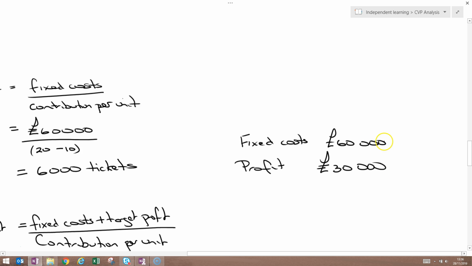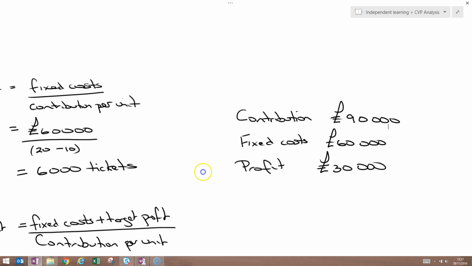So we're working backwards. Because remember, contribution minus fixed costs equals profit. So if we add our profit and our fixed costs together, we can get a contribution. So contribution would have to be £90,000.